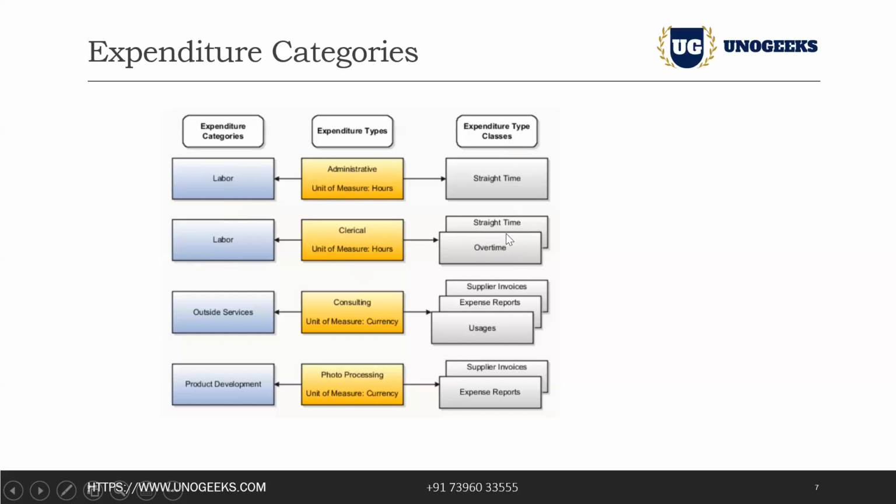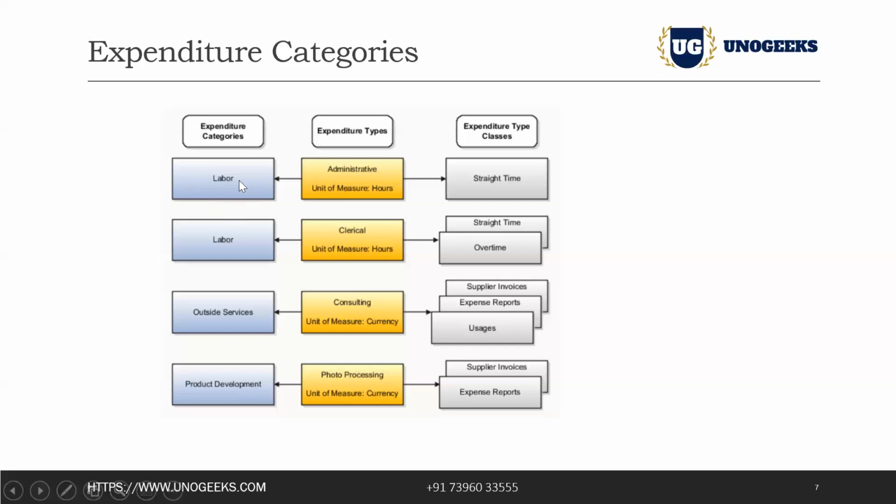Now what is expenditure type class? Expenditure type class is how you are making an expense on this particular clerk. A clerk will be doing a 9 to 5 job, so you will have to pay the salary for him. Now he will be doing overtime also sometimes, so you will have to compensate him for the overtime as well, right? So these are the type classes which indicate how you are going to spend.